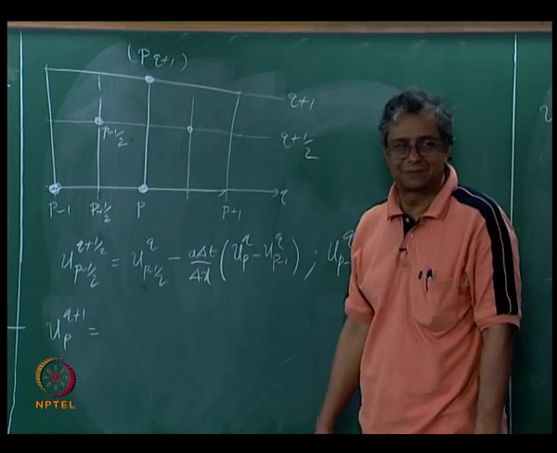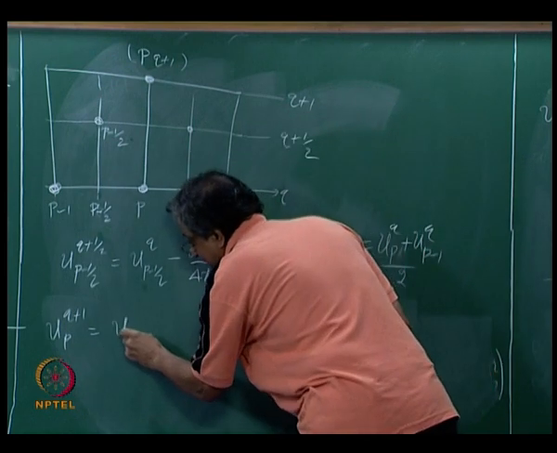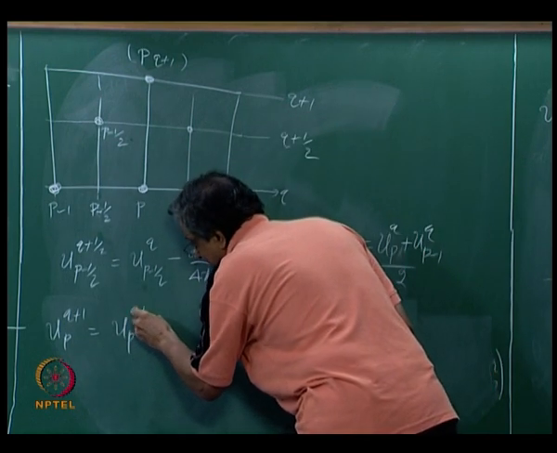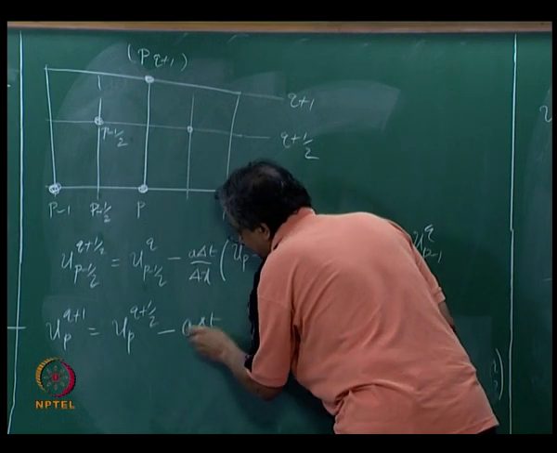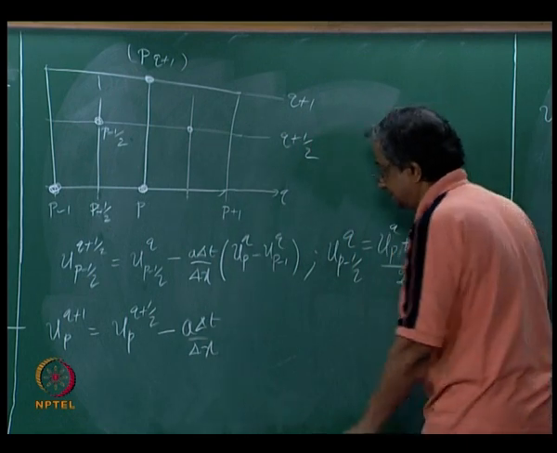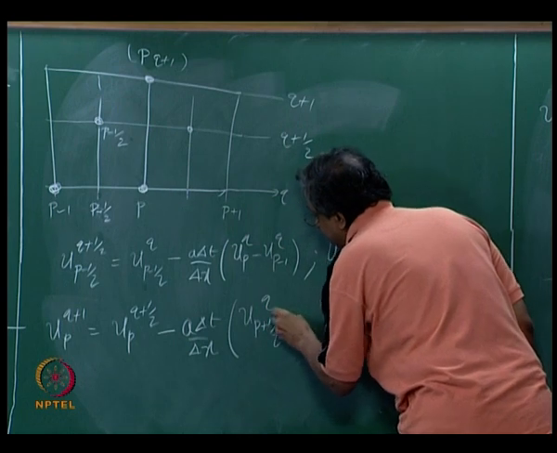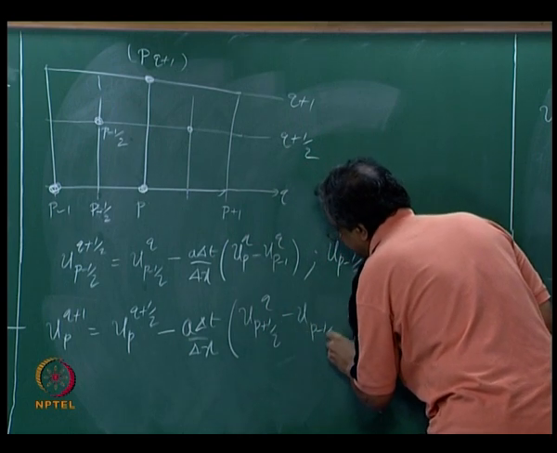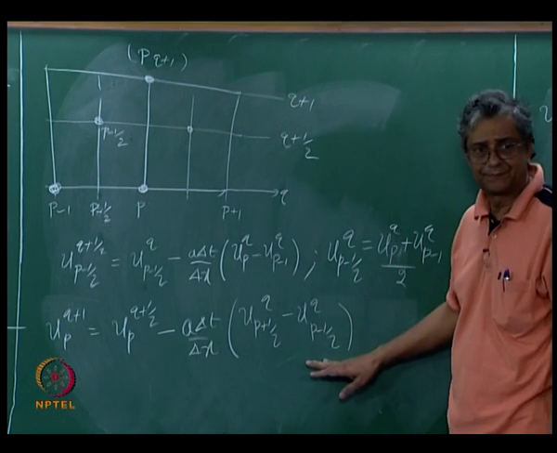So here is the first suggestion: u_p, q plus half, minus a delta t by delta x, we are assuming delta x's are equal everywhere, times u at p plus half, q minus u at p minus half, q. Does that make sense?